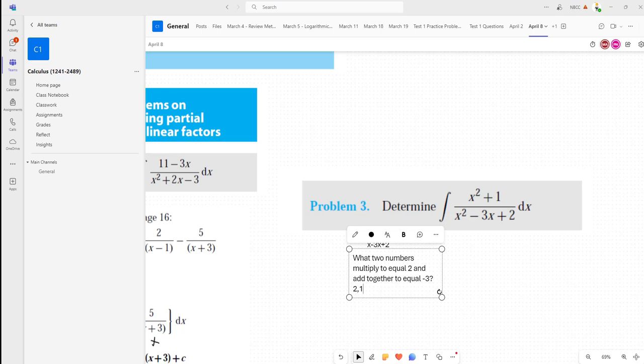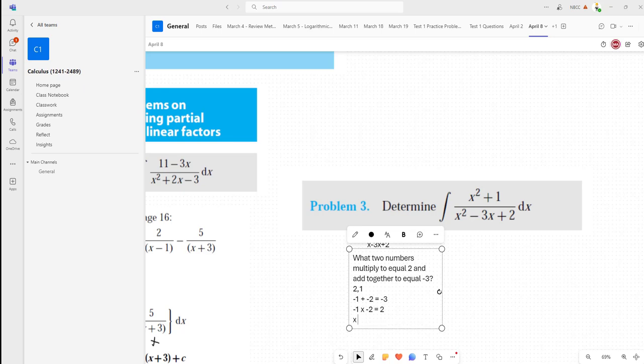So we have 2 and 1 as the numbers, and they need to add together to equal minus 3. So you can probably say that minus 1 plus minus 2 is equal to minus 3. And if we multiply minus 1 times minus 2, then we get 2, right? So those are our two factors.